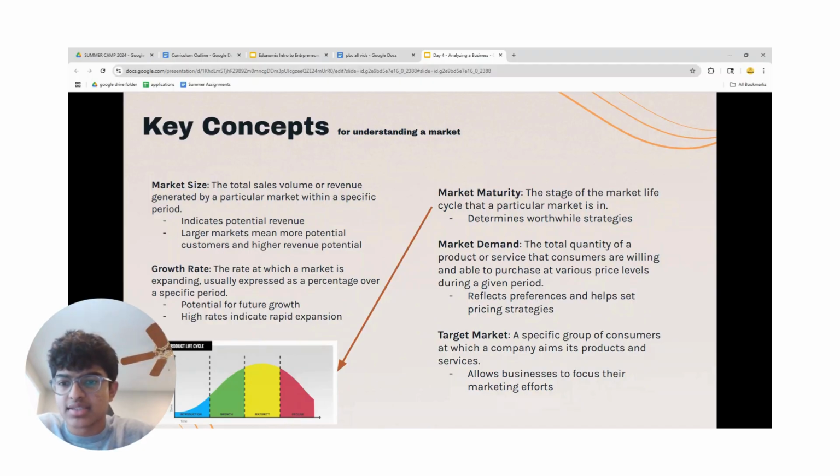So market size, again, we just discussed that, but it's what indicates potential revenue. A larger market doesn't necessarily mean that it's a better market. It's really about what portion of the market you're going to have, right? So the clothing market is obviously huge. People wear clothes every day.